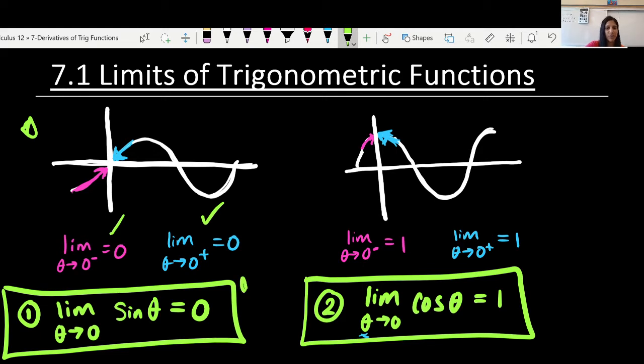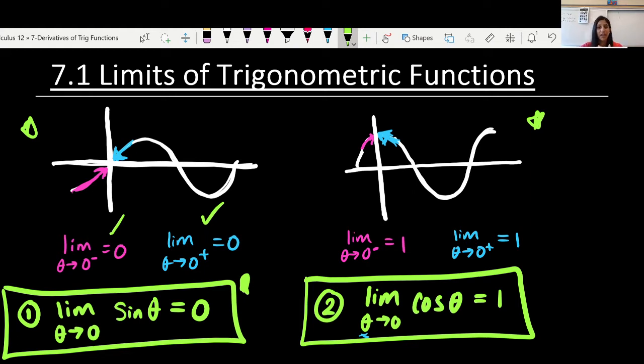So that's how we come up with this first rule in the first box. The limit overall of theta approaching 0, or it could say x approaching 0, for sine of theta is equal to 0. Okay, let's look at the one on the right with the cosine graph. The limit as theta approaches 0 from the left, so this pink stuff, that's what the little minus sign up there indicates.